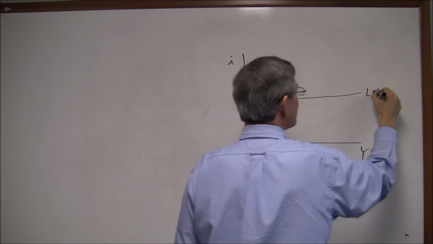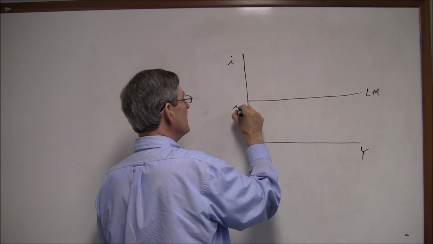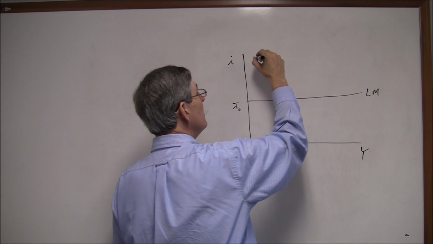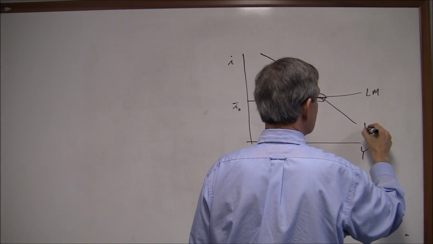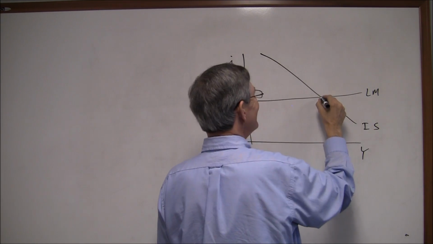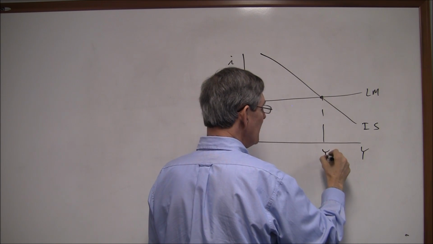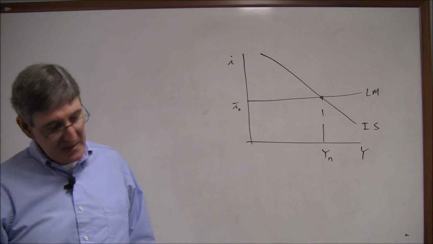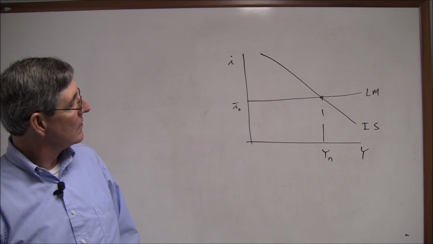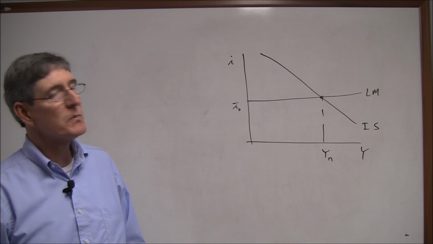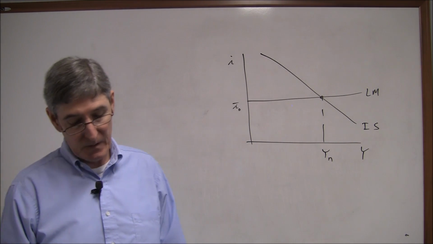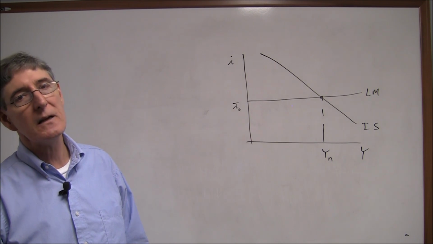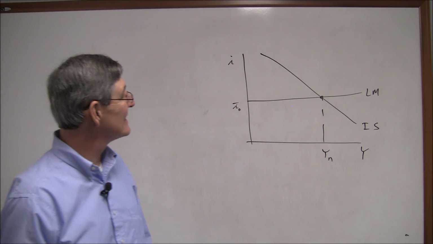So here's our LM curve at I bar naught, the IS-LM diagram. And let's start off at full employment. And let's suppose that what the Fed or what the government wants to do is reduce the deficit. So it's going to either cut government spending or increase taxes.